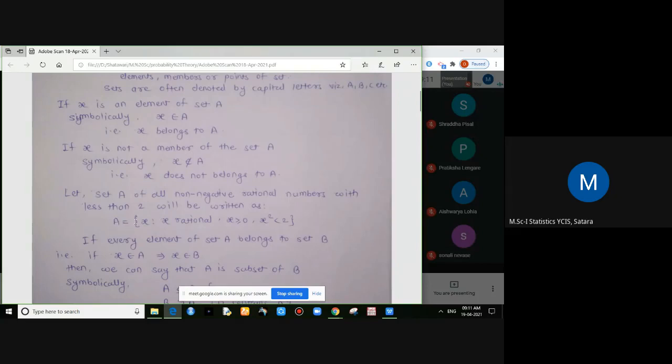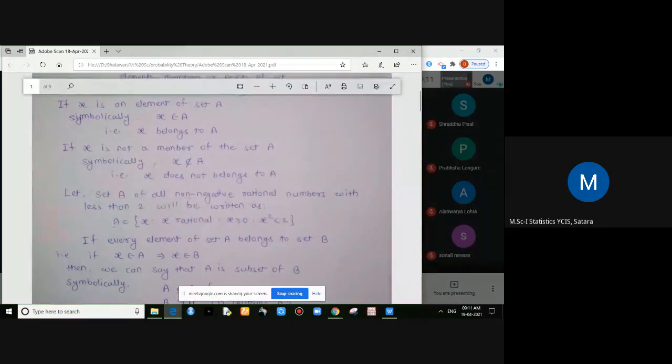A is the set of X such that, this colon we read as 'such that', X is rational, X ≥ 0 and X² is strictly less than 2. That is, A is the set of such objects or numbers X such that X is a rational number.